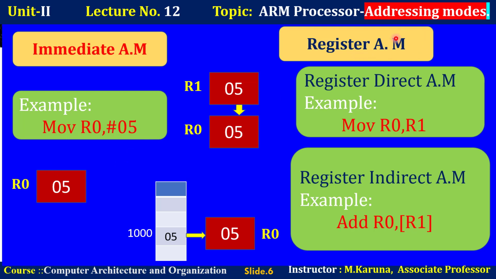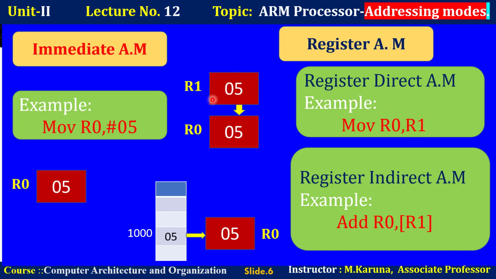Coming to the register addressing modes, there are two types: direct addressing mode and indirect addressing mode. In direct addressing mode, the data is available directly in the register itself. For example, I am using the data 05. Initially R1 has 05 as data.